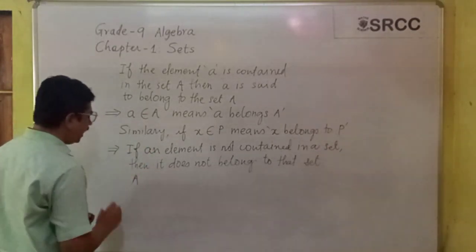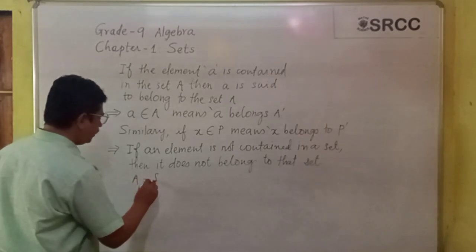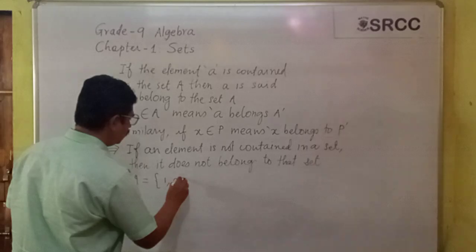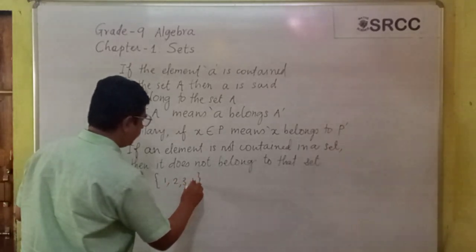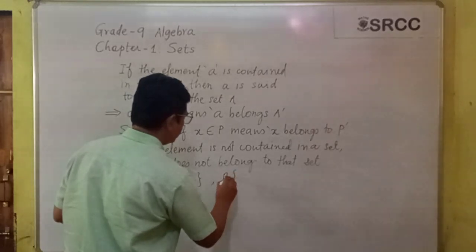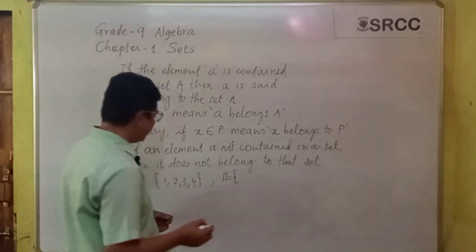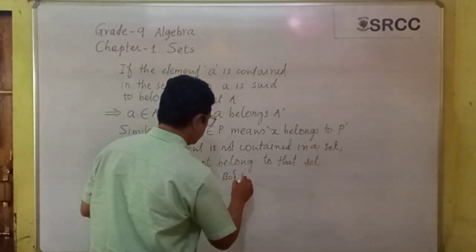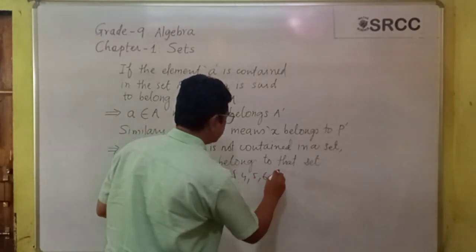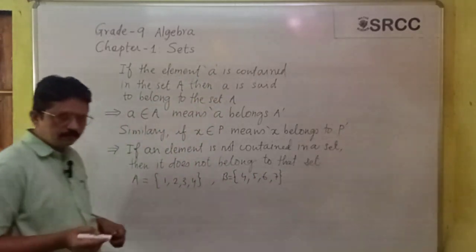Say we have two sets: A, which has the elements 1, 2, 3 and 4, and set B, which contains the elements 4, 5, 6, 7.